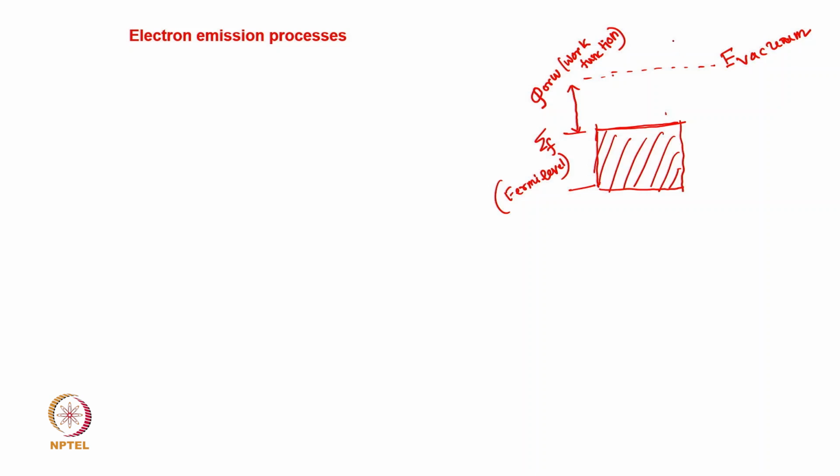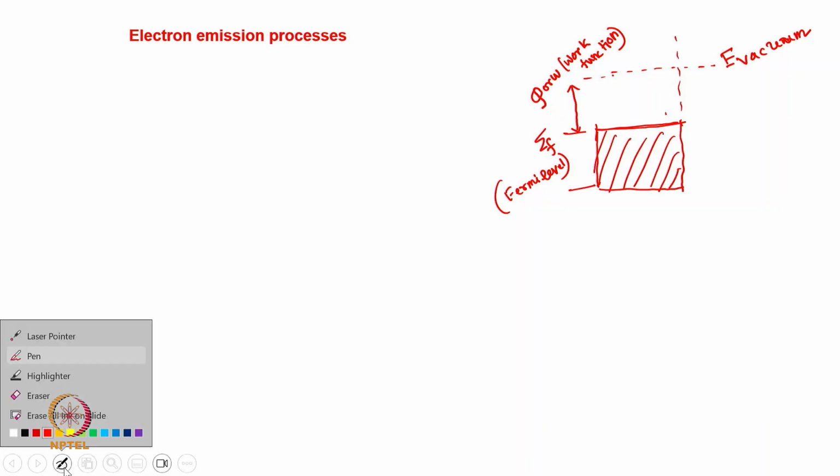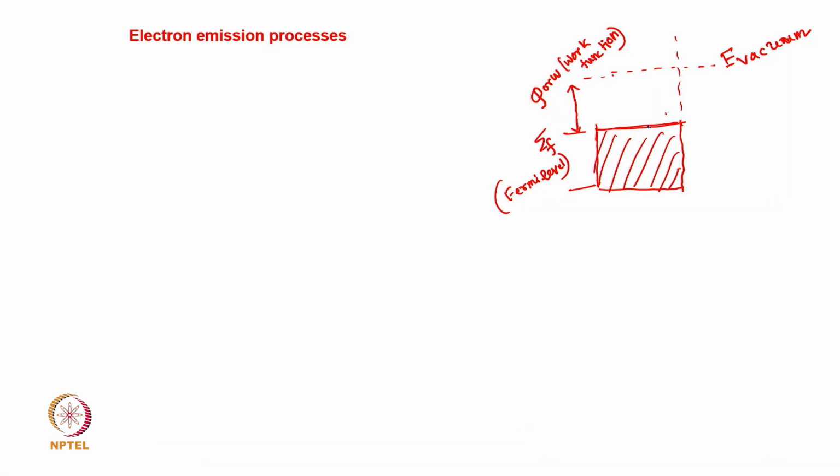So, now if there is an electron here, an electron sitting here, and we give some heat to this electron, I provide heat and this electron gets energized, and then it crosses the barrier, that is the vacuum level, or it goes above this vacuum level.